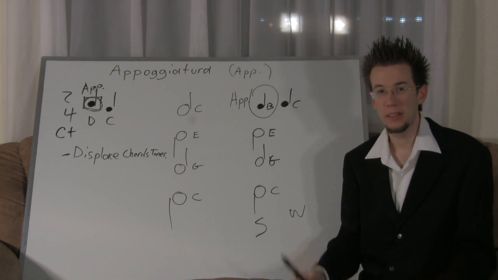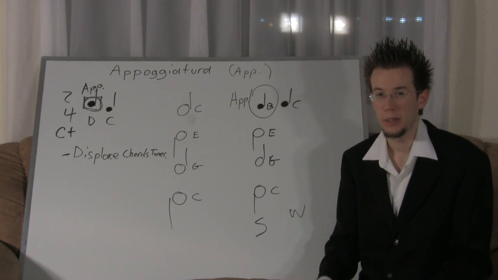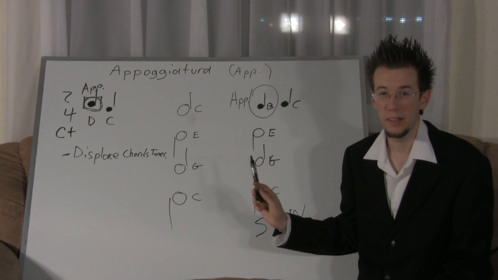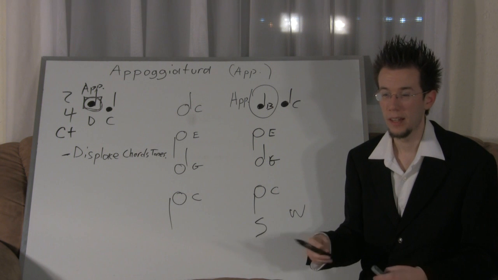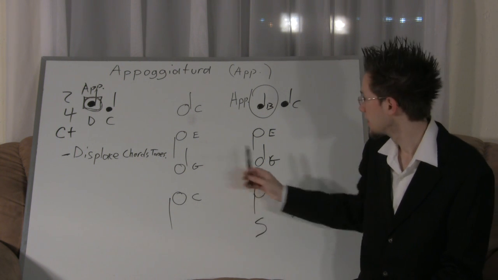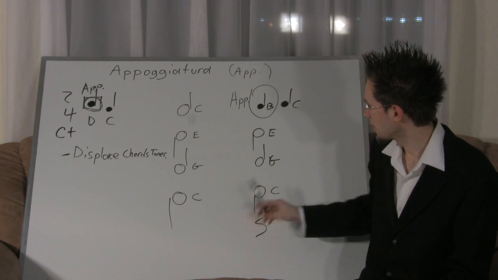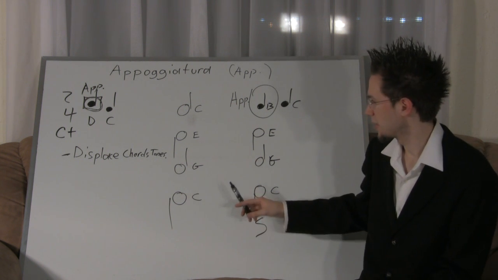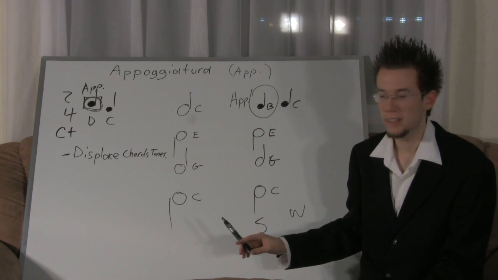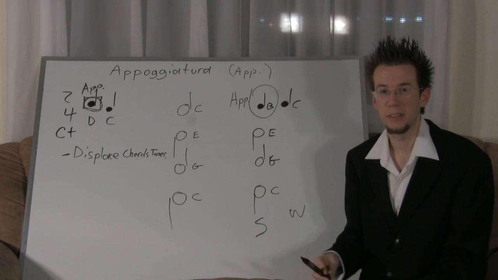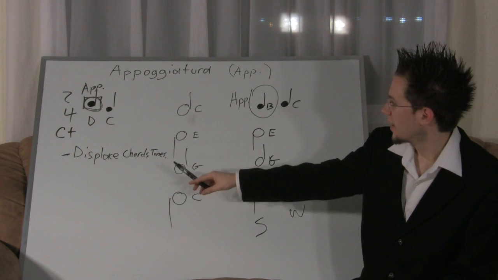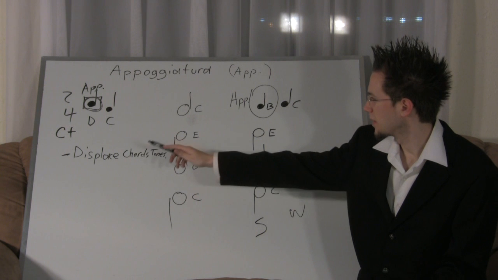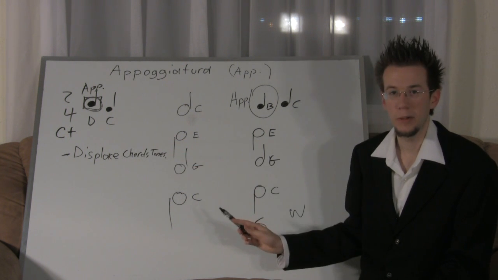Now, how can we even use this in a practical way? I just wanted to give you an example of how you can use it, but there are so many more. I just don't have enough time to show you every single different way. And again, remember, these are just general, very small lessons, kind of introductions to later stuff. So again, it displaces the chord tone.